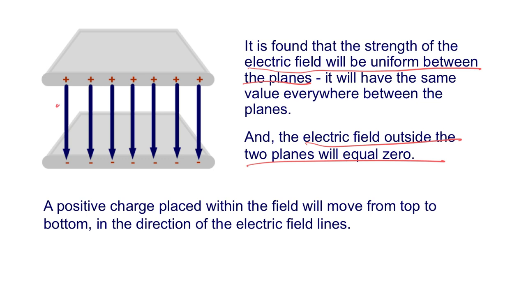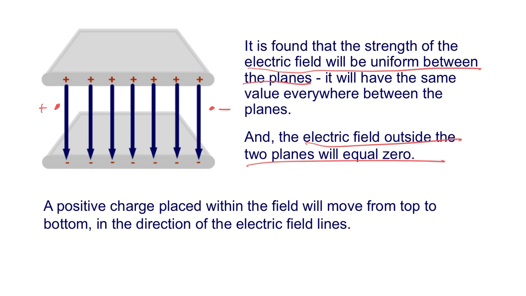So if you put a little positive test charge Q in there, which direction would it move? According to the field lines. If you put a negative charge, like an electron, there, it would move up, opposite to the field lines, just like for a non-uniform electric field.